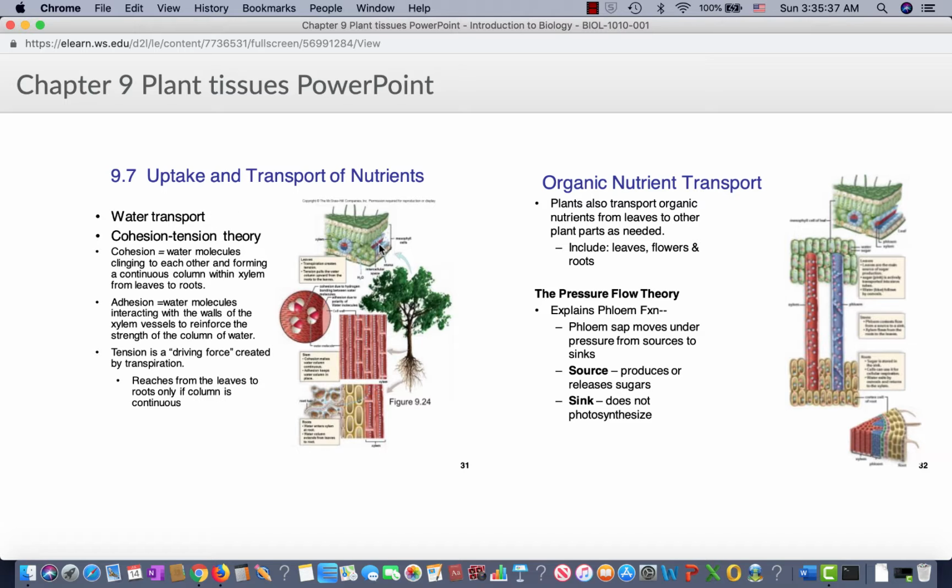Uptake and transport of nutrients. So this whole process is done using water transport with the cohesion-tension theory. Essentially, cohesion: water molecules cling to each other, and adhesion: water molecules stick to other things. And so this creates a driving force whereby water will just passively climb the walls of the circulatory system in the plant.